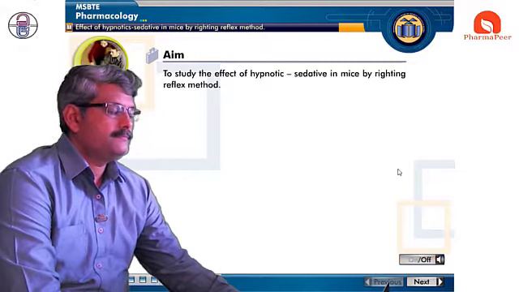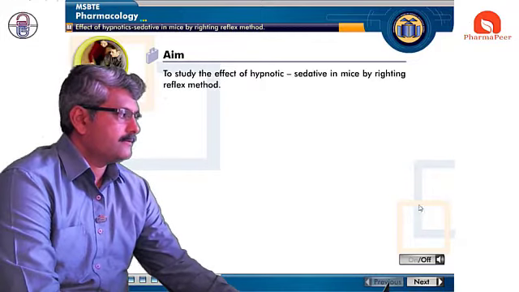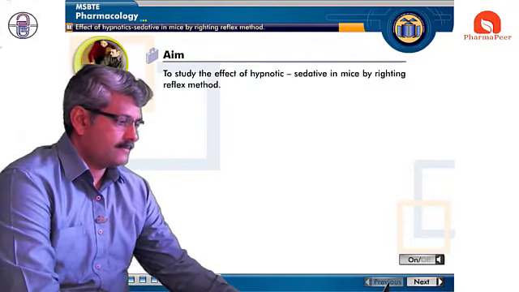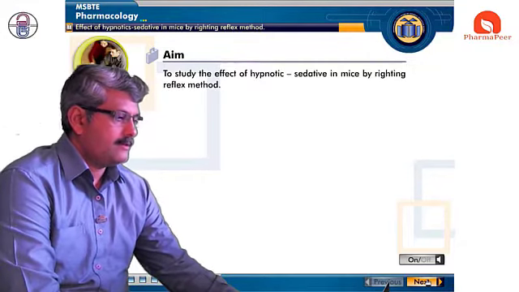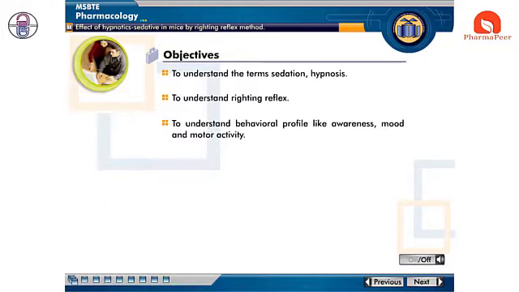The aim of this experiment is to study the effect of hypnotic sedative in mice by the writing reflex method. The objectives of this experiment are to understand the terms sedation and hypnosis, to understand the writing reflex, and to understand the behavioral profile like awareness, mood, and motor activity.